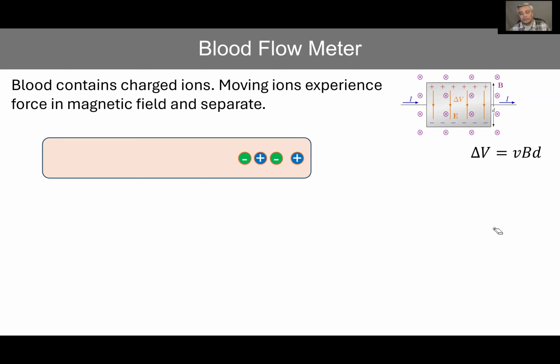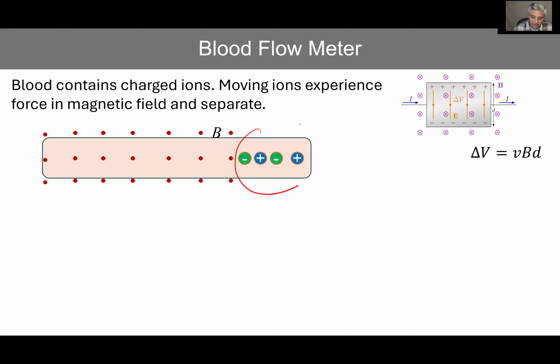Let's say you insert your hand and supply the magnetic field, and it's going to develop a potential difference, just like in the case of Hall voltage. You can measure that potential difference and find the speed, how fast or how slow they are moving. Based on that, you can calculate how much plaque is in your arteries or veins.